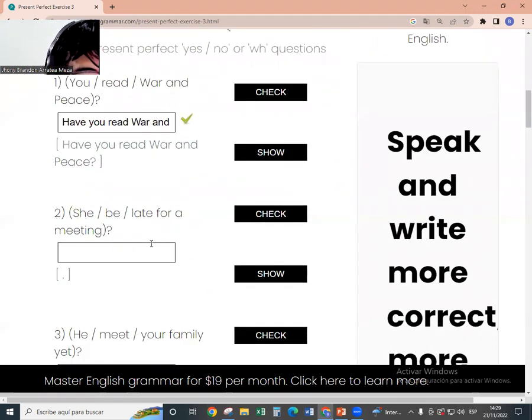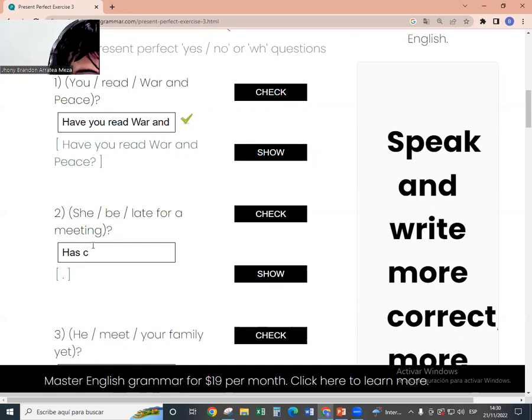What about the sentence number 2? In this case, first, Maria, tell me, what is the subject pronoun here? Very good, it is she. And what about the verb? Very good, it is be. Well, tell me, please, what is first here? Very good, the verb, yes. In this case, it's she, we use the verb has, very good.